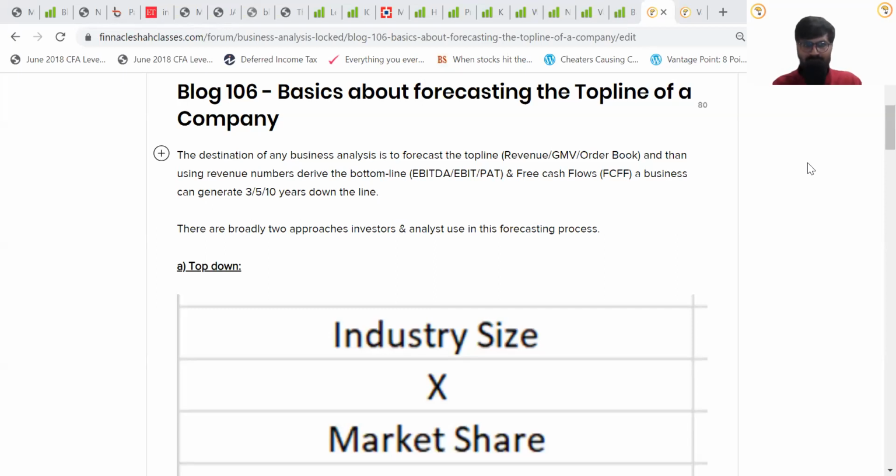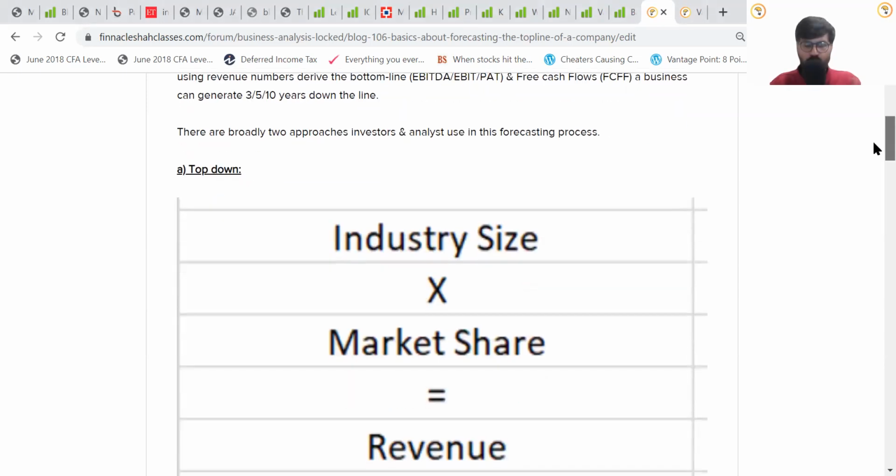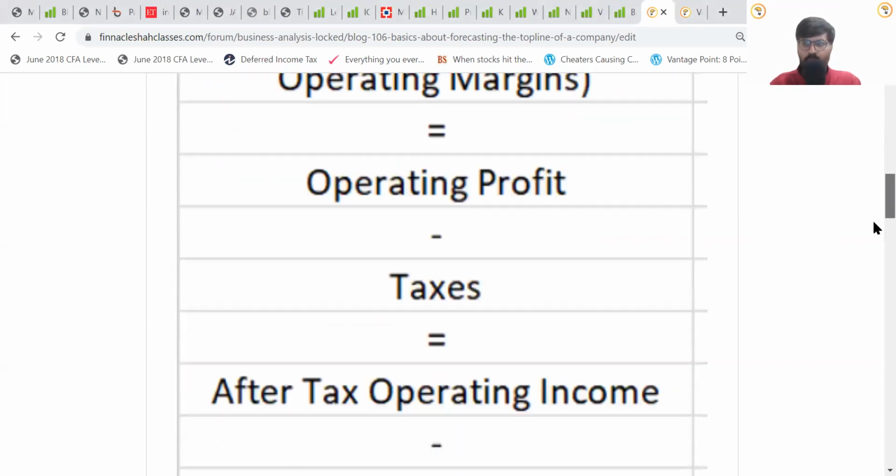So this is blog number 106, and this is our session number 7. I have divided this blog into two aspects because we need to talk about two approaches, right? The top-down approach and the bottom-up approach.